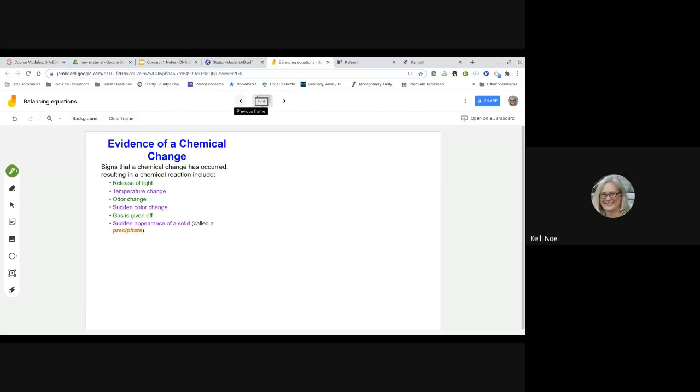Think about rotting eggs. That's a chemical change, and it puts off an awful odor. A sudden color change, a gas given off, and this would be bubbles, fizzing. It might look like steam, possibly, or a sudden appearance of a solid, and we call that a precipitate. So I hadn't gone over that and you need to be familiar with these.